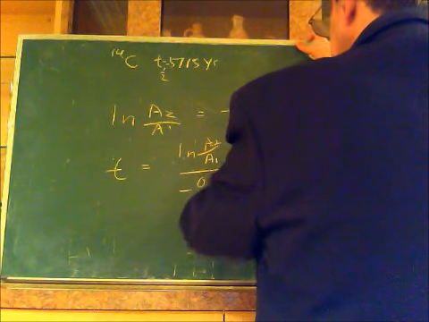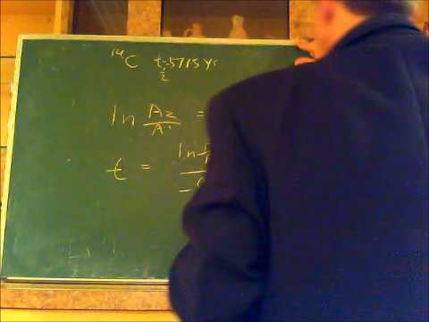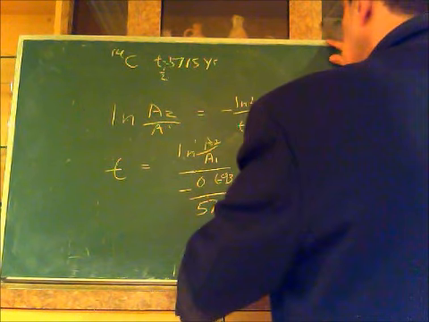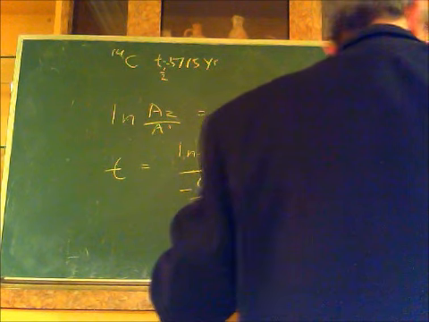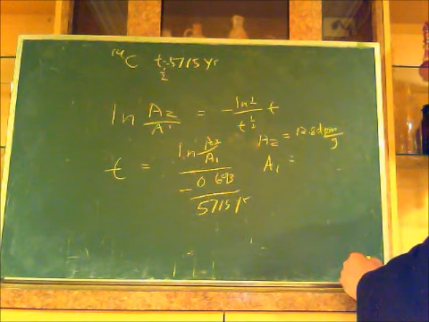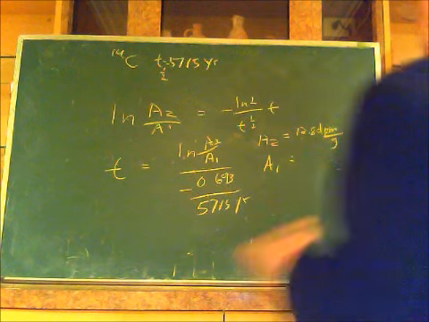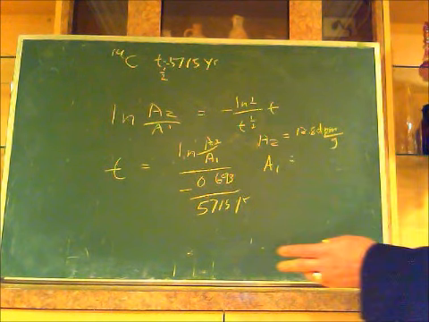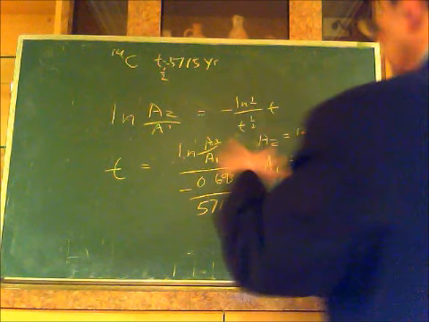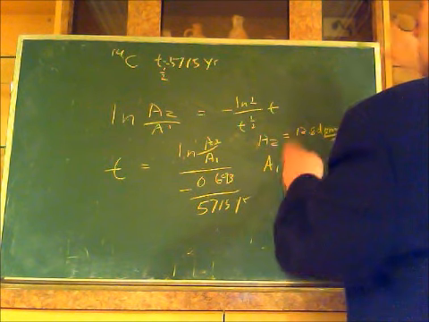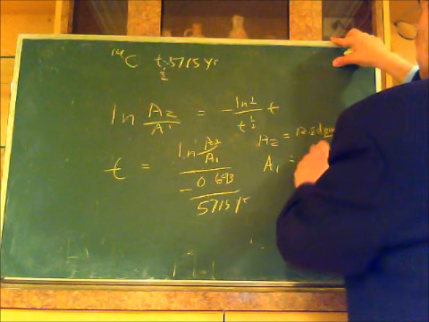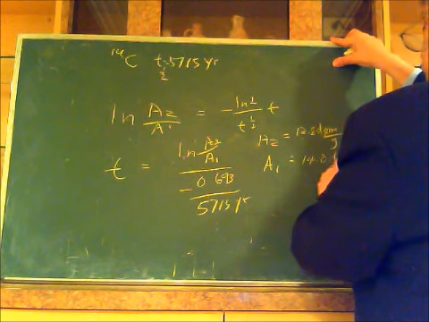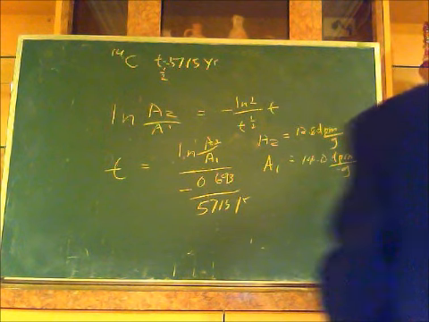And A1, which is what we know from studies that have been done, is that up until about 1950 or so, and prior to that, the amount of carbon-14 in the atmosphere, or the amount actually in organic material, was 14.0 dpm per gram.